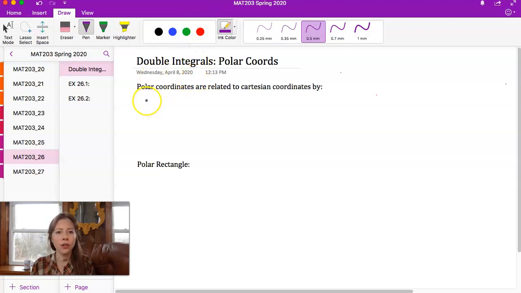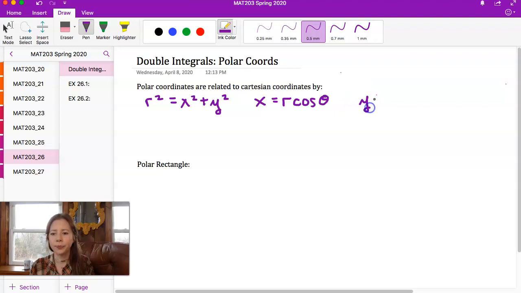So r squared is equal to x squared plus y squared. x is equal to r times cosine theta, and y is equal to r times sine theta.